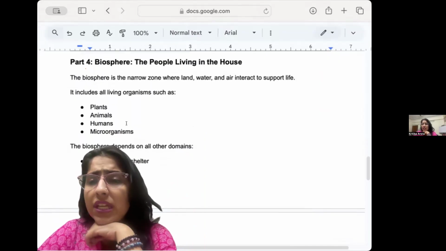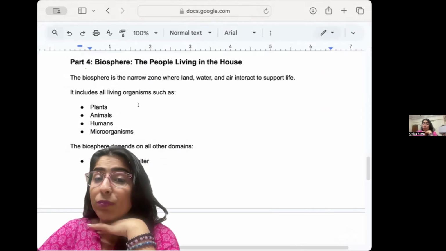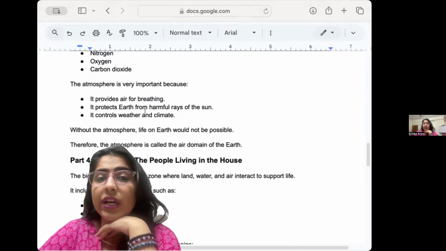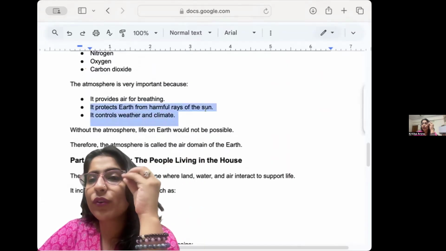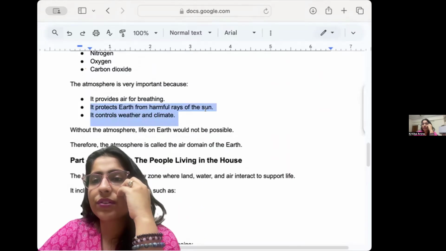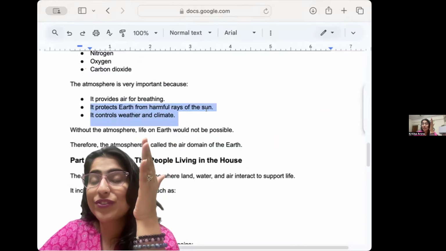Now, what is ma'am saying? I have one more interesting thing that I would like to tell you. While we are discussing the different layers of the atmosphere, you can consider them as security controls in the house. One is protecting the Earth from the harmful rays of the sun.